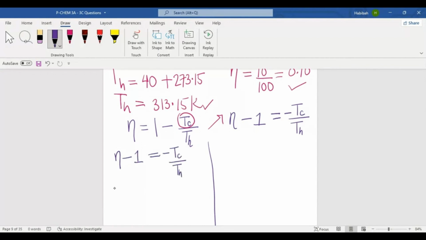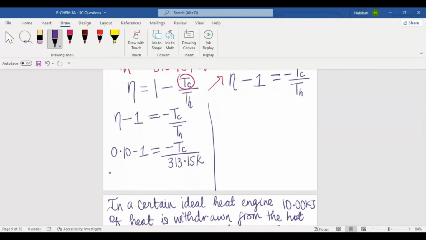So the efficiency will be 0.10 minus 1, equal to negative TC, since it's the temperature of the cold sink, divided by 313.15 kelvins.